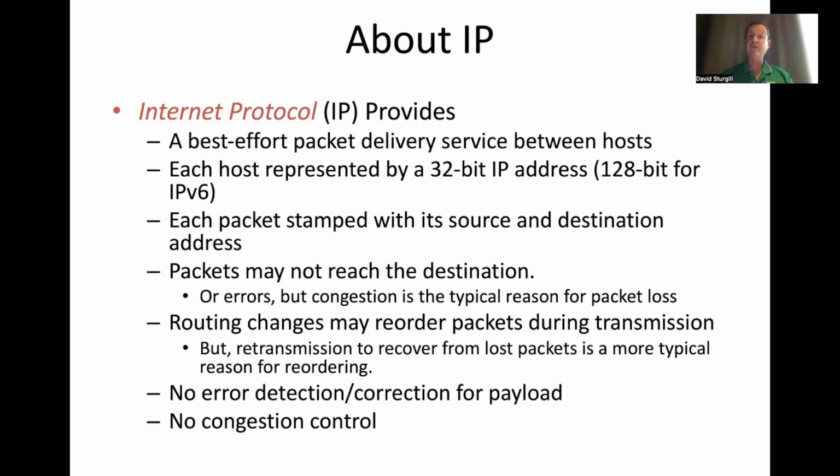So every packet is stamped with IP address information about where it's coming from and where it's going. Because of things we talked about before, because of congestion and potentially failures in the network, packets that get sent out may not make it to the destination. That's why I say IP is a best effort packet delivery system. It'll try to get your packet to where it's going, but not every packet is going to make it.